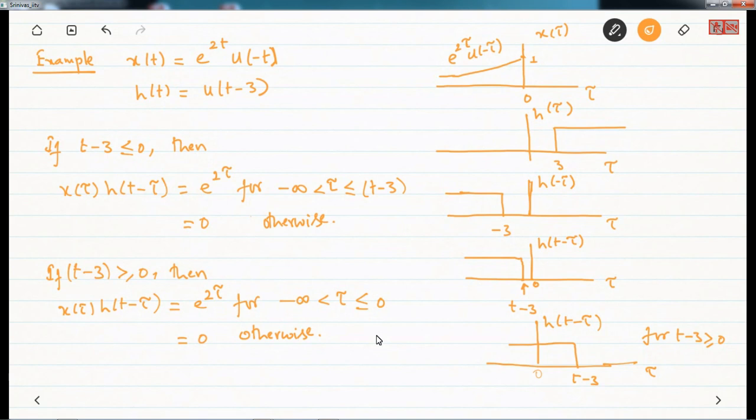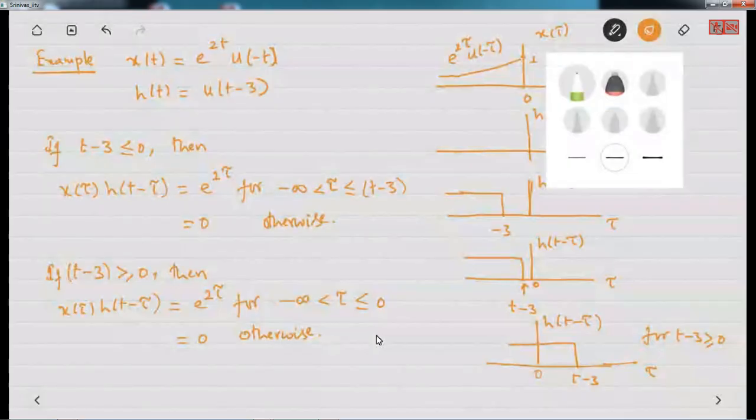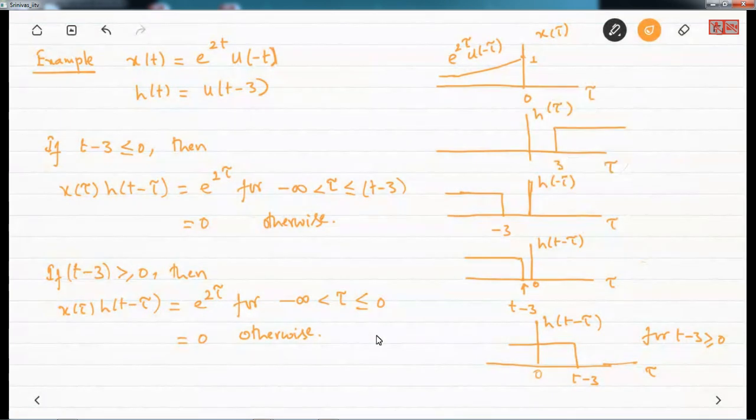Once you visualize shifting this h of t minus tau to the left and to the right, then everything follows easily. Only you need that imagination, or you can plot multiple such diagrams in your notes and then try to understand. Even in the exam, the more diagrams you write, the examiner will also understand what you are trying to do.